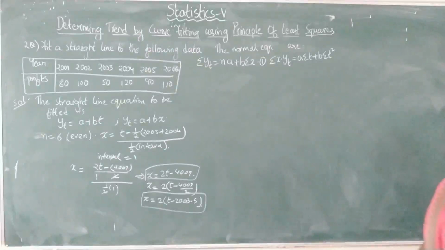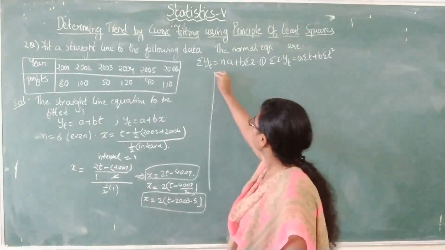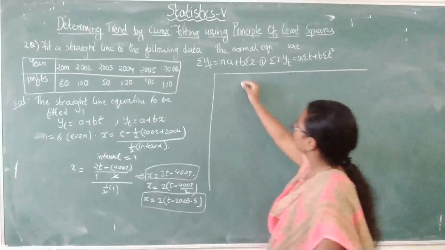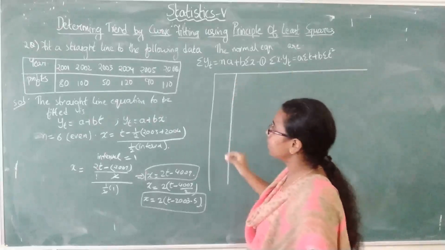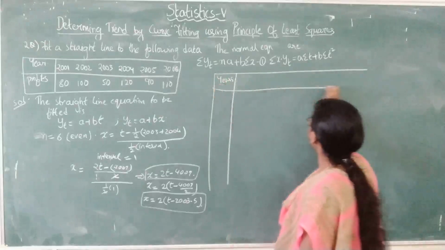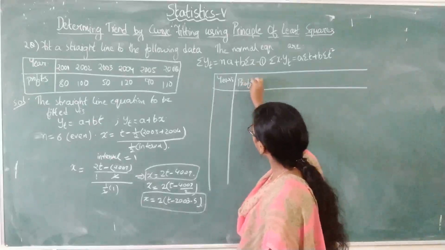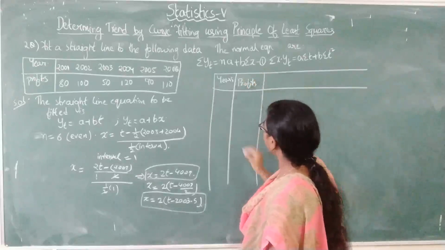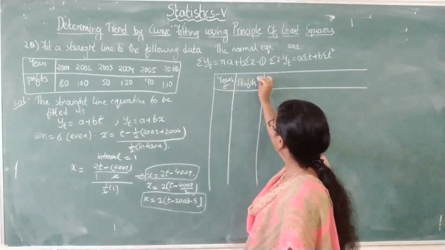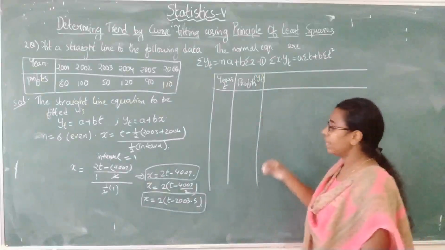Now what are the different columns we need? Draw all those columns. First is years, next is profits. Years are the t values, profits are the yt values. Next we have to find the x values.